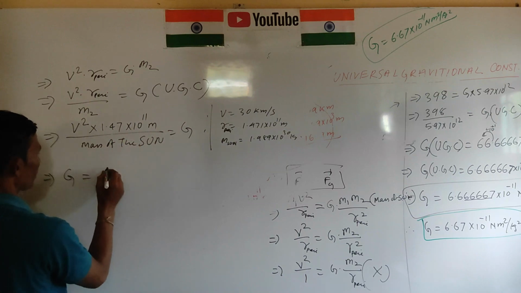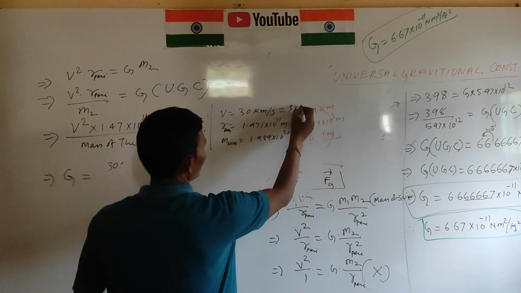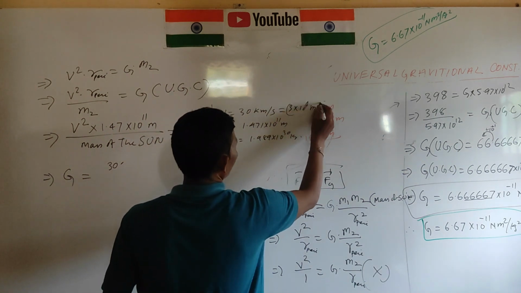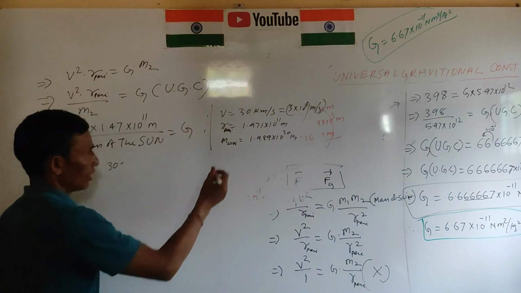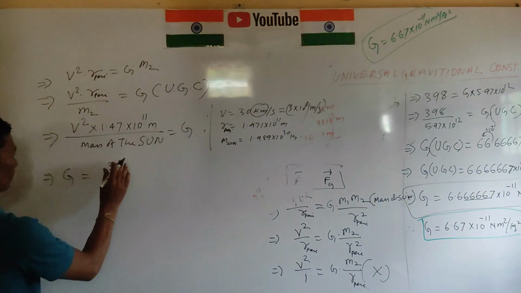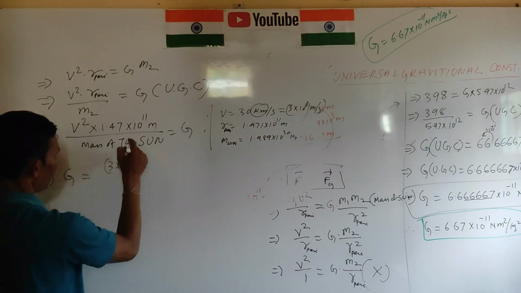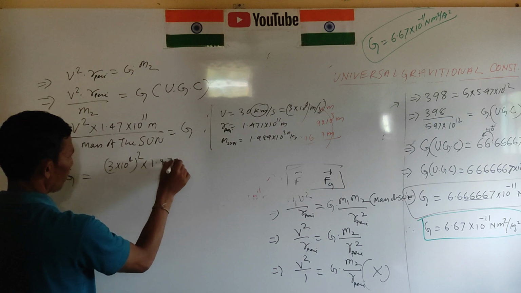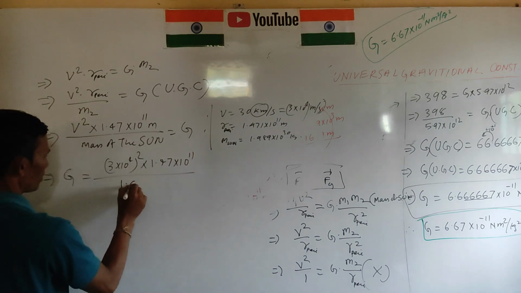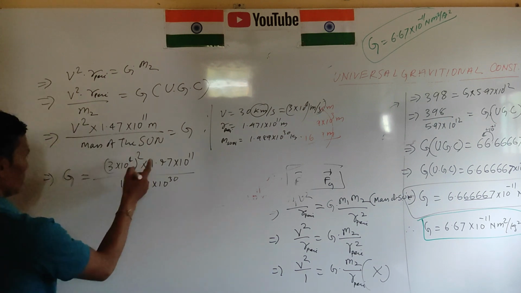G and v square: 30 kilometer per second means 3 into 10 to the power 4 meter per second. We convert kilometer into meter, the SI unit, so it is 3 into 10 to the power 4, and this is 1.47 into 10 to the power 11, and this is the mass of sun 1.989 into 10 to the power 30 kg. So calculate this.